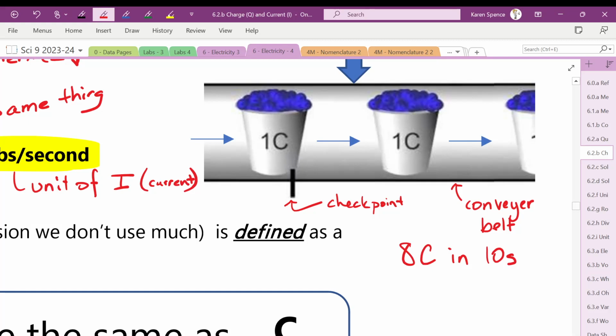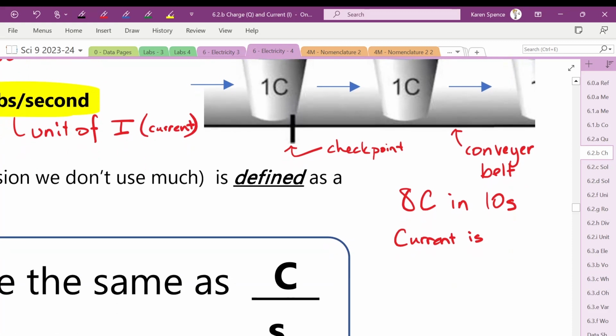I'm going to go with my gut. I'm going to say 8. 8? It's not a bad guess. Current is the buckets of electrons in 1 second.